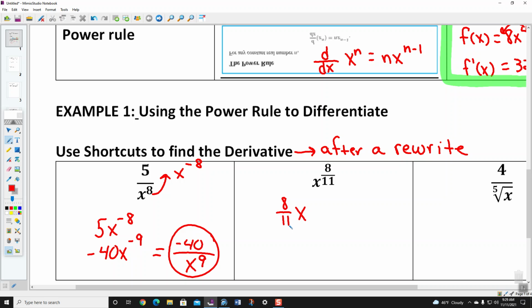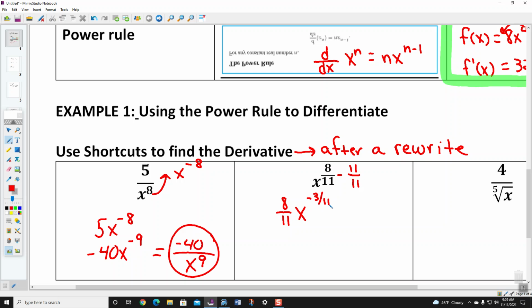Gotta subtract 1 from 8/11ths. Close. Negative 3/11ths, yep. Subtracting 1 from this is like subtracting 11/11ths, which would be negative 3/11ths.